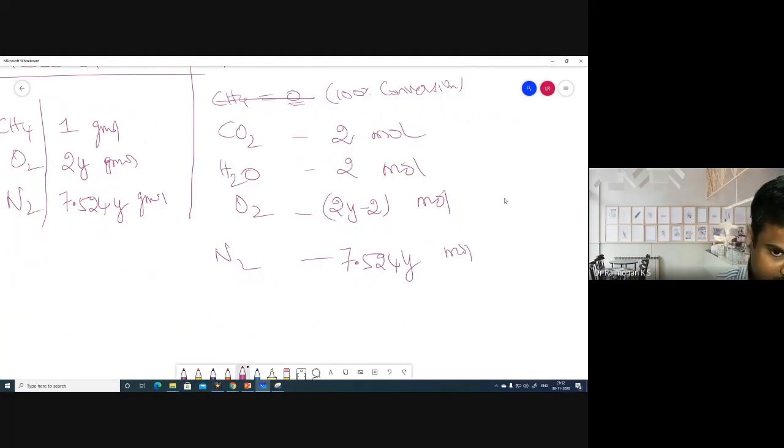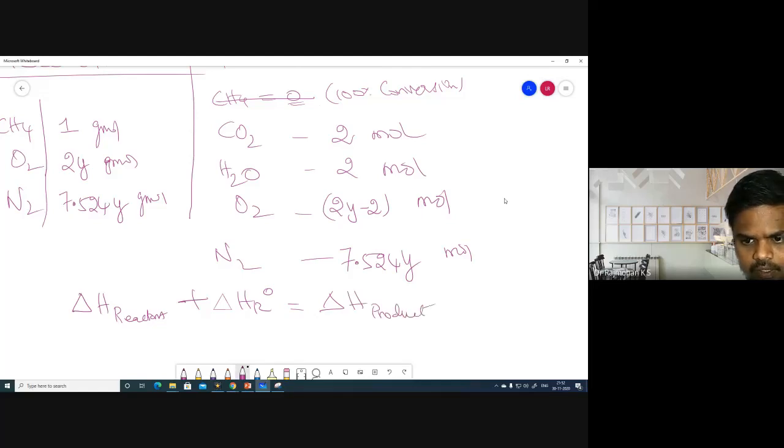Now what do we have to do? We have to make the balance. We know delta H of the reactants plus delta H of the reaction is equal to delta H of the products. That is the balance for adiabatic conditions, since for an adiabatic system del Q equals 0. We have to take care of sign conventions.